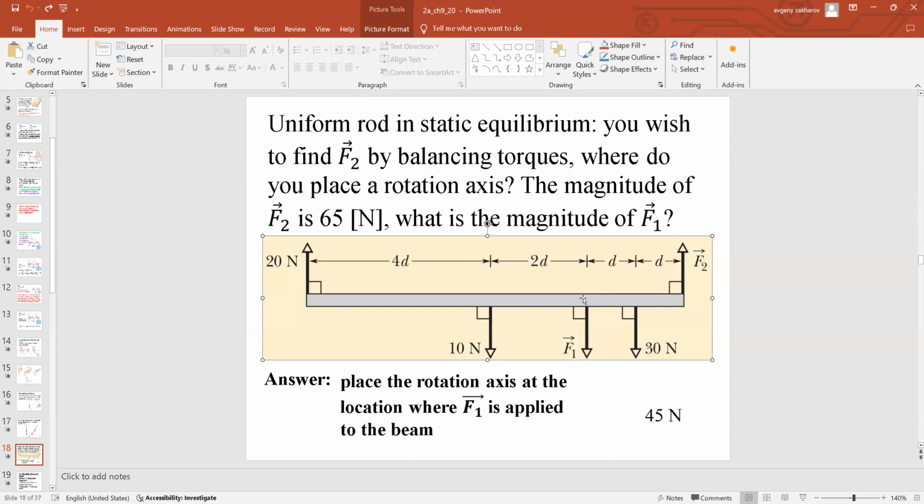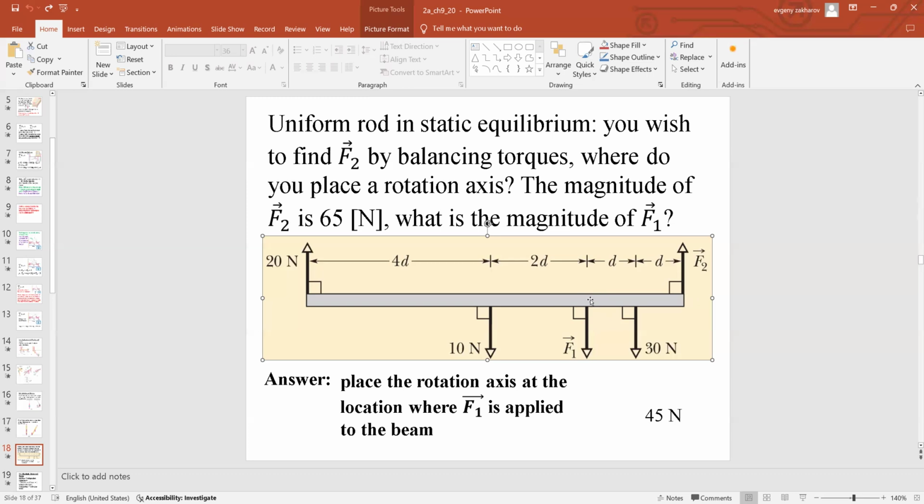And if you put it right here, where F sub 1 is applied, then the line of action from F sub 1 would cross the axis of rotation. So moment arm is 0. The shortest distance between the line of action and axis of rotation is 0. Moment arm is 0. Torque from F sub 1 would be 0.